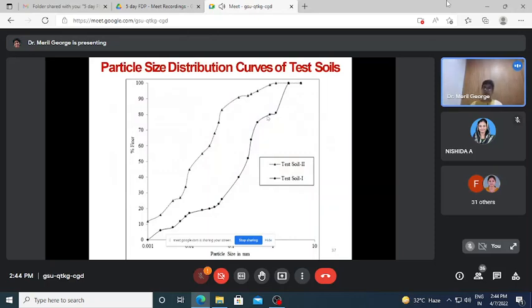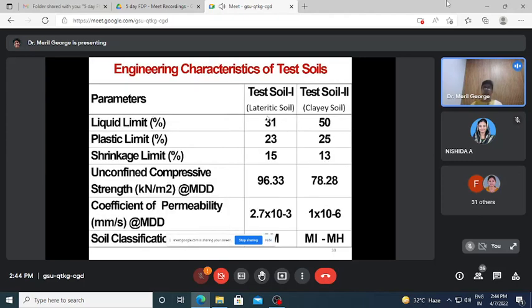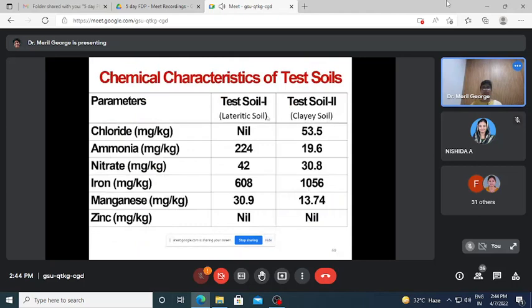This shows the particle size distribution curves of the test soils before treating them with leachate. The engineering characteristics show specific gravity and density. Liquid limit, unconfined compressive strength, and permeability were also tested.